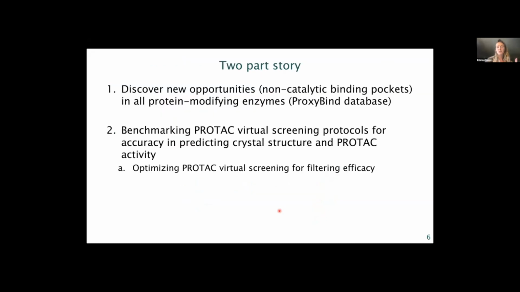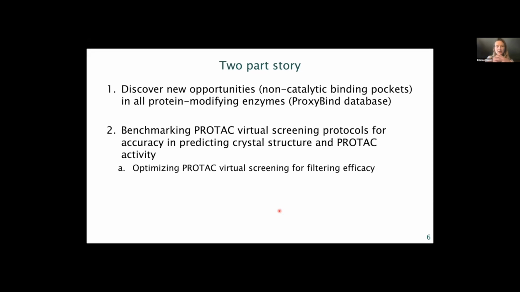So what I wanted to talk about in this realm of proximity pharmacology is two parts. Within this three-part compound, you can look into the small molecule development and looking for new opportunities where we can recruit new enzymes to induce other post-translational modifications, but also looking at that linker region.